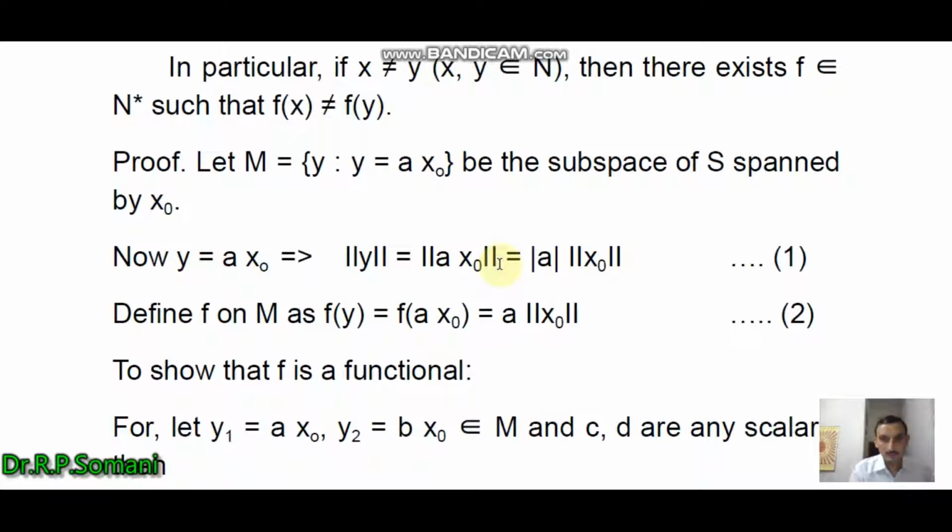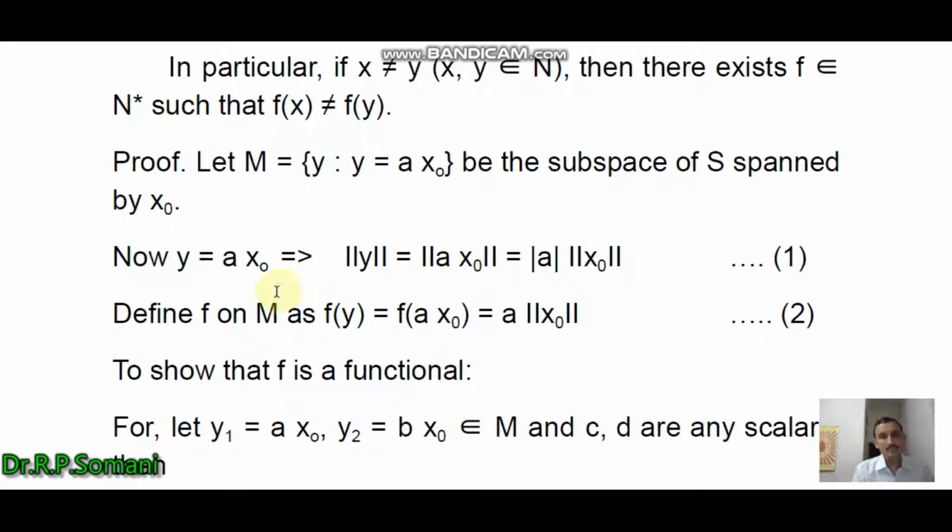So the proof is in this way. Let M equal to the set of y such that y equal to a x0 be the subspace of N spanned by x0. Now y equal to a x0. This implies norm of y equal to norm of a x0, which equals modulus a into norm x0, as a is a scalar.